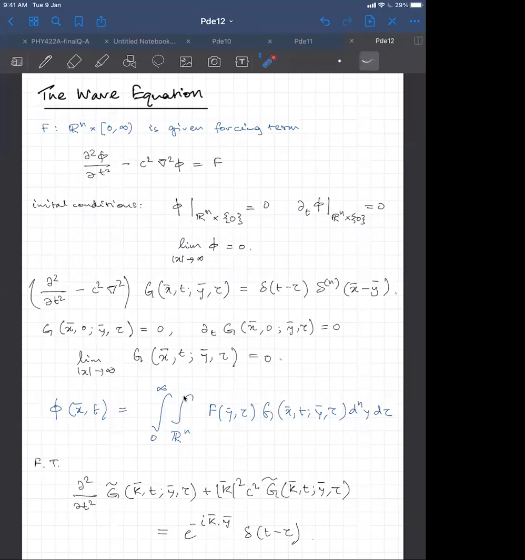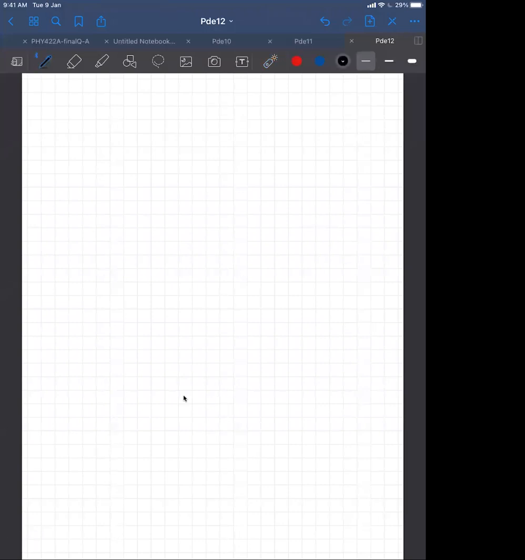So what are we going to get? Let's write down the solution now. g of k, t, y, tau is given by theta of t minus tau, e to the minus i k dot y, sine of k c (t minus tau), over k c.